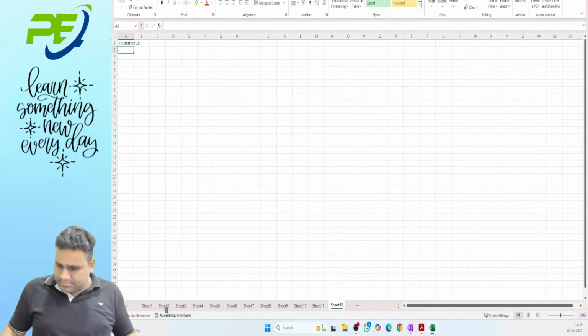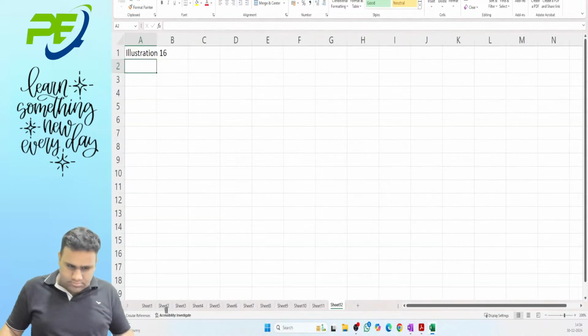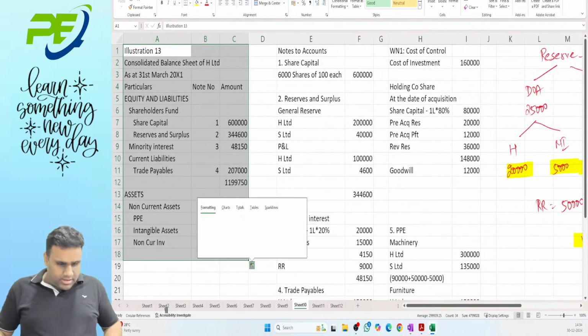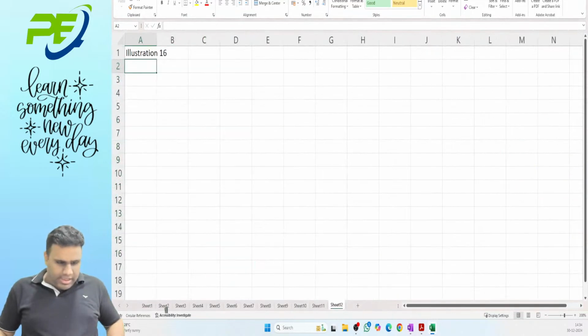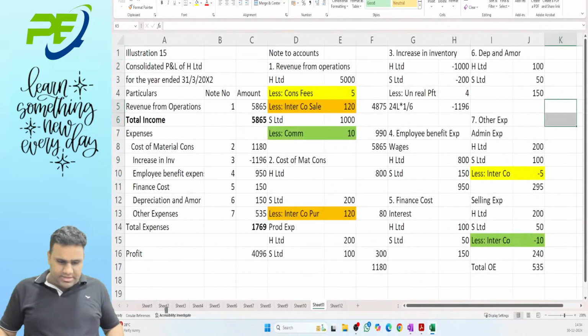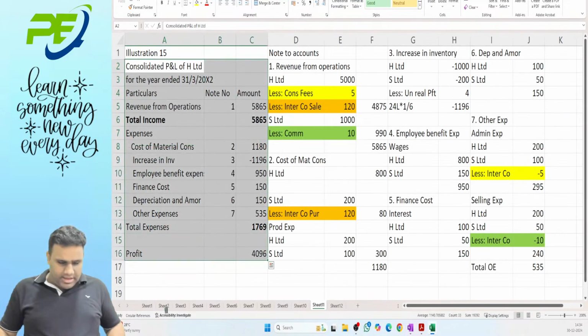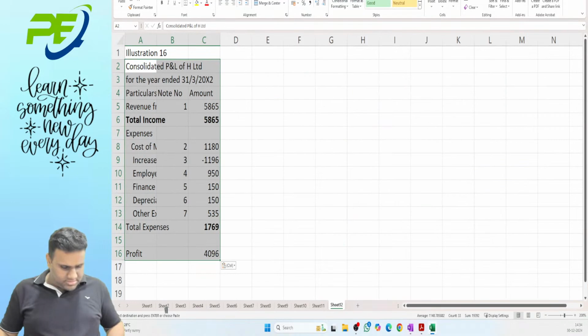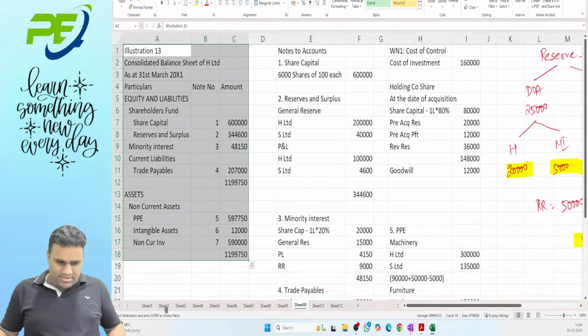Illustration 16. So now, can I write consolidated balance sheet? It should be restated balance sheet.